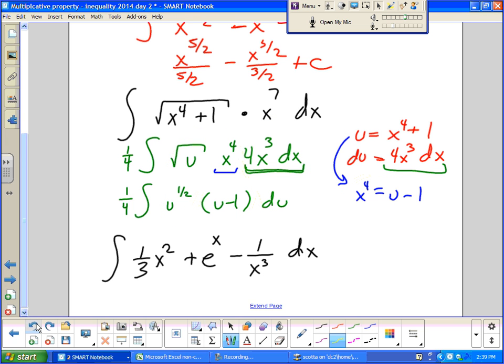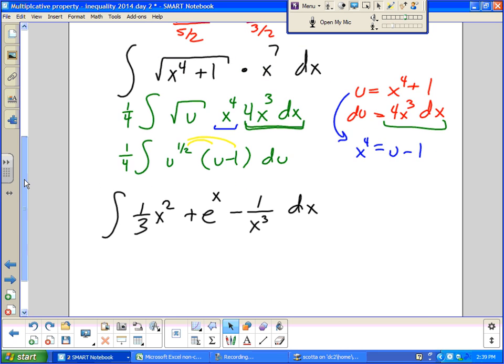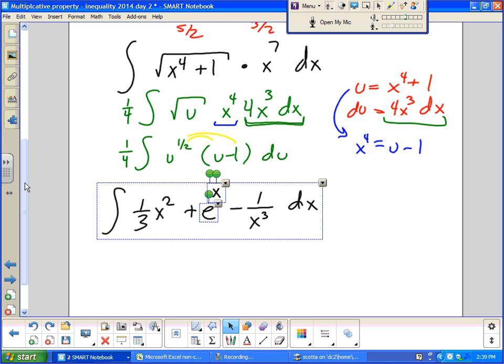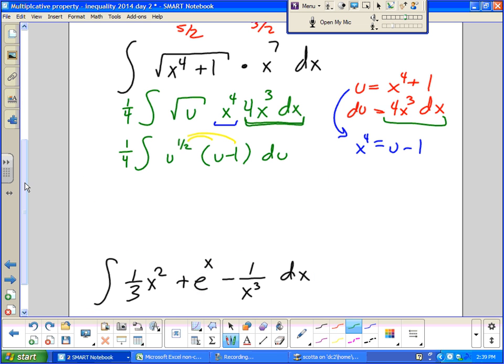And at this point now, and this is section 5.5 in our textbook, we can distribute, all right? And you're going to see something strangely familiar here, right? Except the coefficient's going to be different this time. I get u to the 3/2 minus u to the 1/2 du.